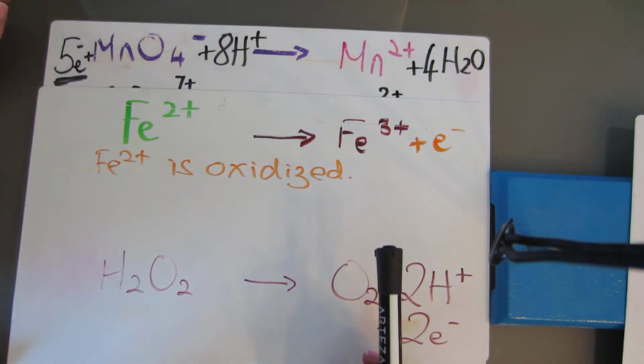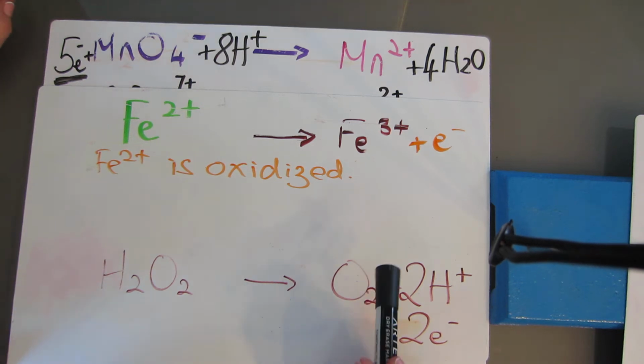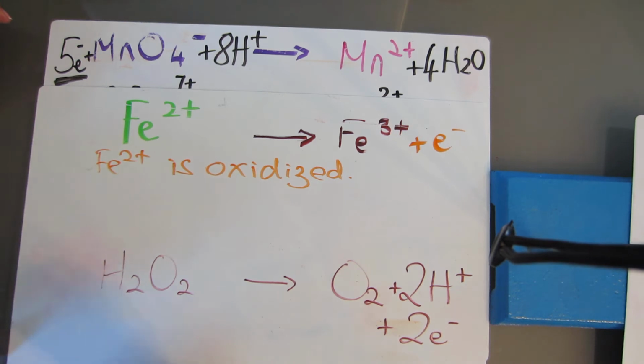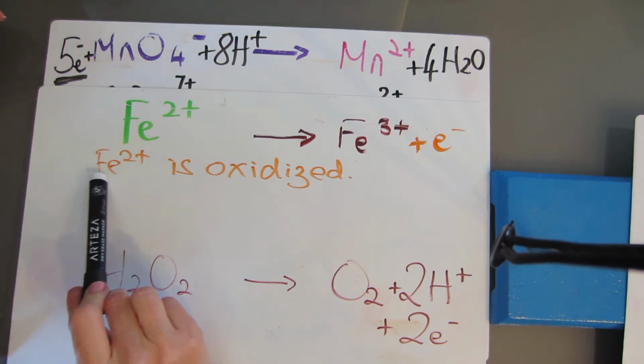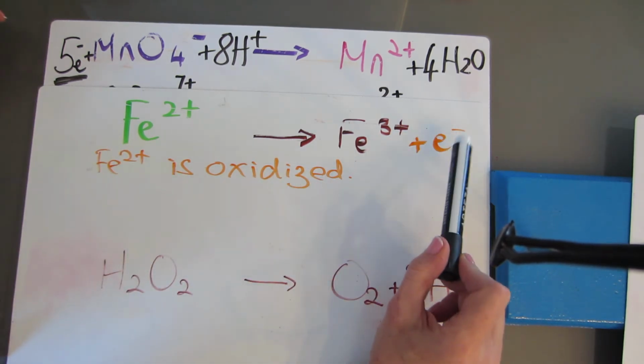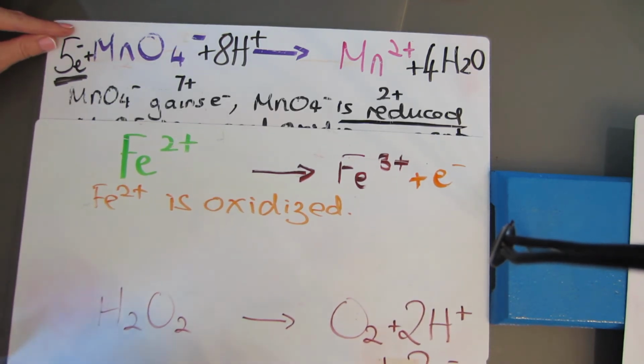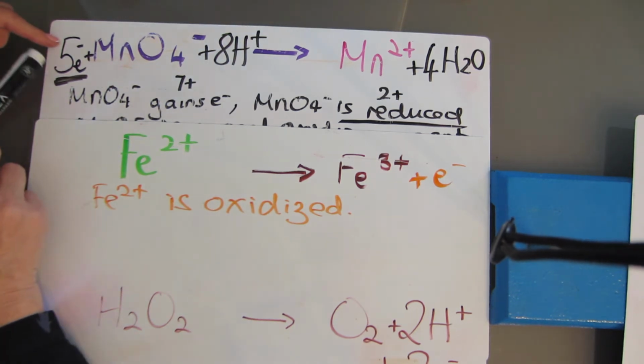When you're putting 2 half equations together, the first thing you need to be very, very careful about is, have I got one reactant that is being oxidized, electrons on this side, and have I got the other reactant being reduced, electrons on this side?